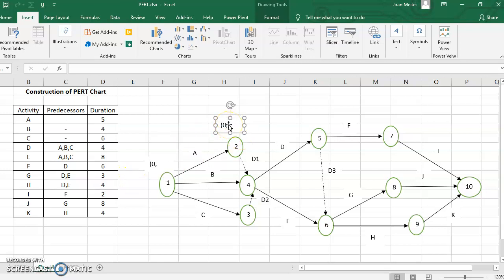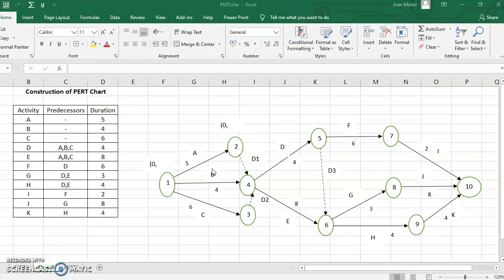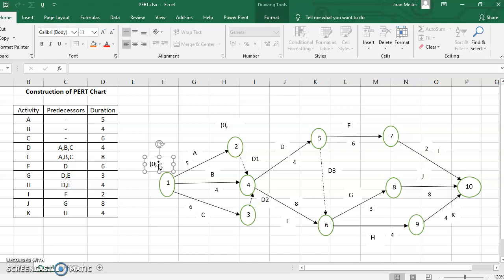So if you start the project at 0, then to complete A, how much time does it take? 5 units. One second, let me put all these numbers first. Yeah, we have all these numbers over here. These numbers are the durations given over here. So we are going to start the project at 0, and let me put this a little smaller.